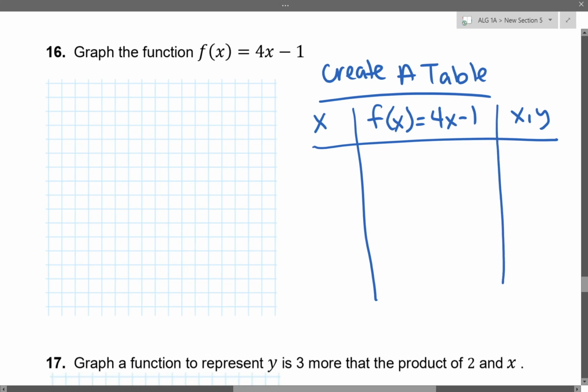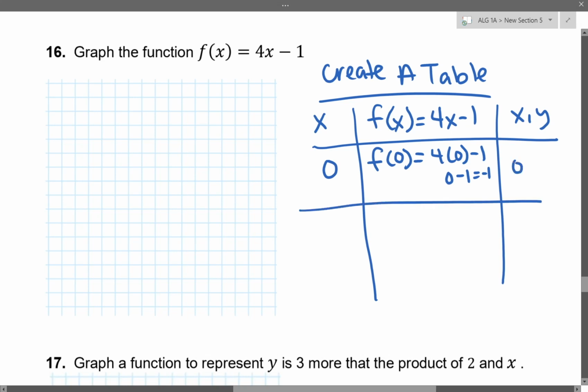Okay, easiest one to start with is 0, because anything times 0 is 0. So I have f of 0 equals, anytime I see an x, I'm going to put a 0, so 4 times 0 minus 1. 4 times 0 is 0. 0 minus 1 is negative 1. So your input was 0, your output was negative 1.